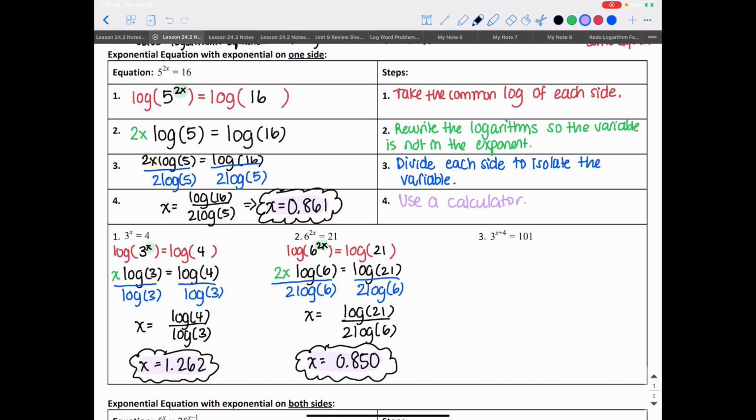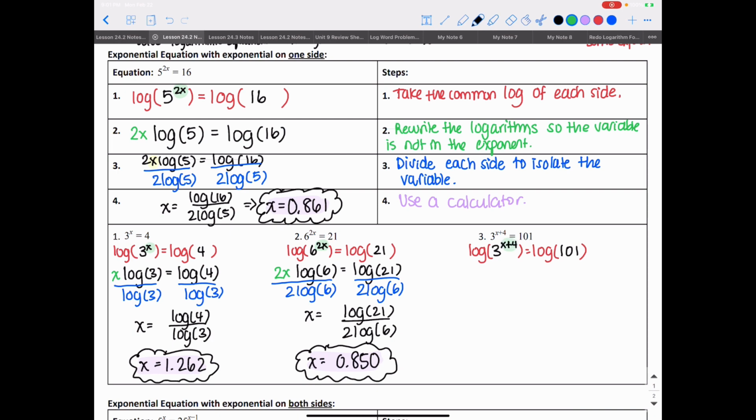For the third problem, the first step is taking the log of both sides. So I take the log of both sides. I'll have the log of 3 to the x plus 4 is equal to log of 101. I'm going to take this exponent, so the exponent is x plus 4, and move it to the front.